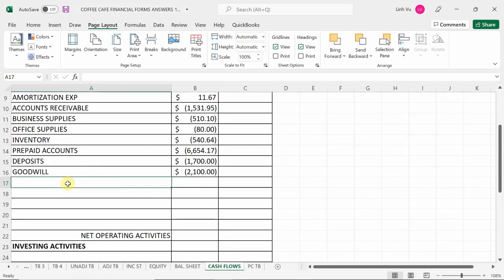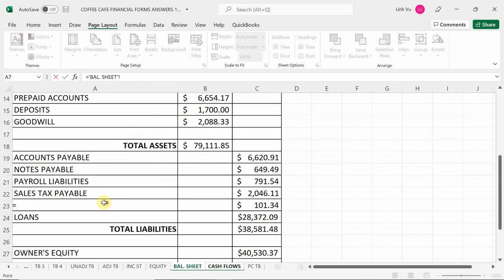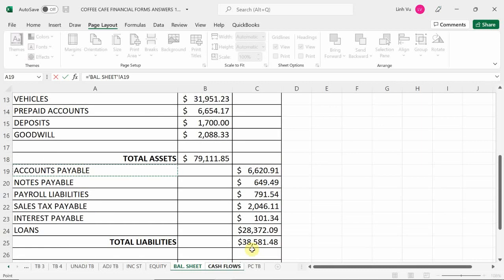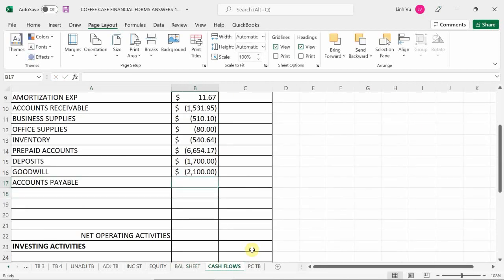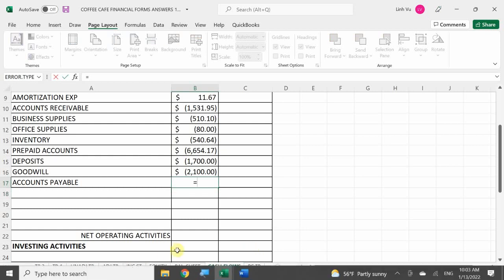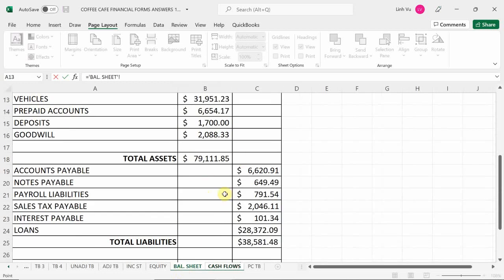Okay. So the next section we have here is going to be your current liabilities. So let's take a look at my balance sheet once again. My current liabilities, starting from the top, is accounts payable. Accounts payable is money that we owe to other people. Now, when we take a look at our balance sheet, we owe $6,620.91.